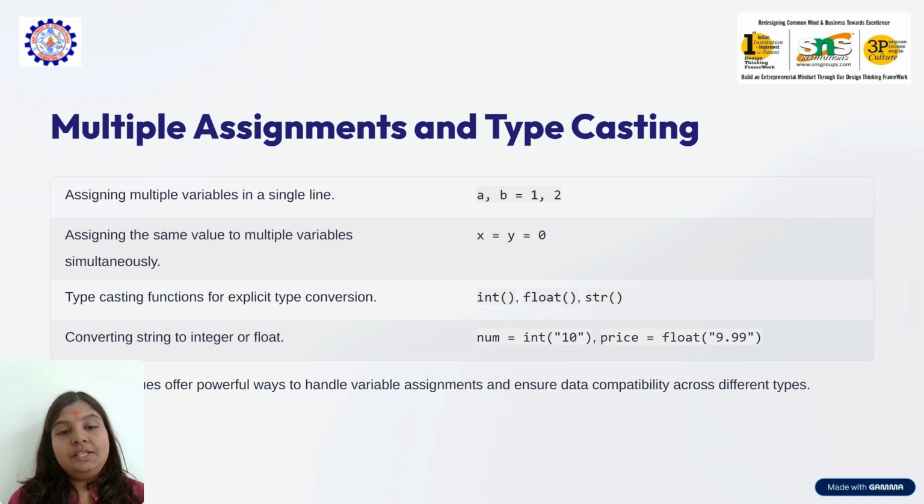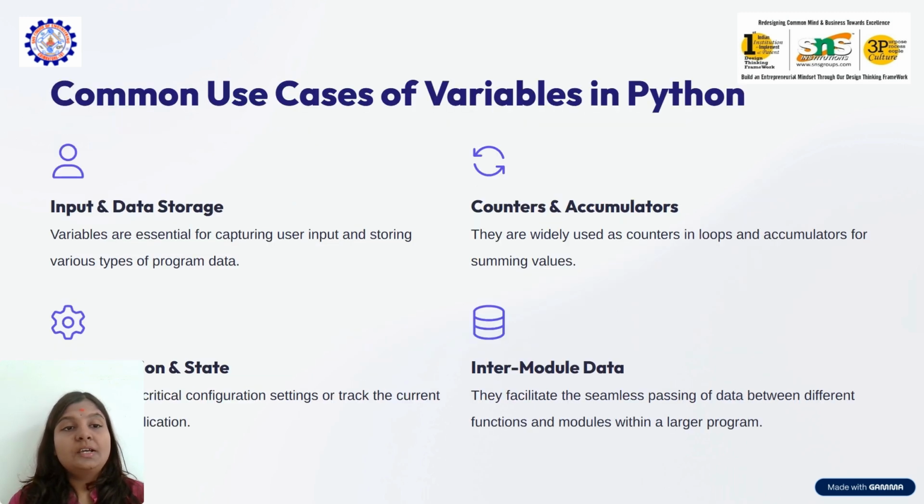Converting string to integer or float: number = int("10"), price = float("9.99"). These techniques offer powerful ways to handle variable assignments and ensure data compatibility across different types.